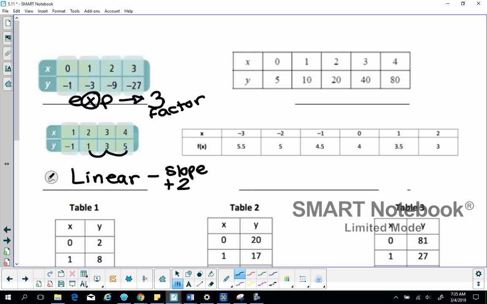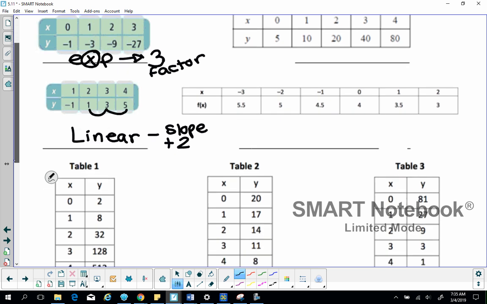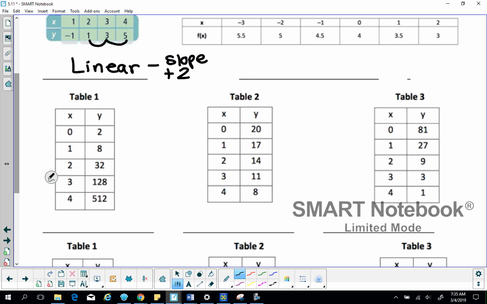So I want you to go through and figure out, okay, is it exponential or linear? So first just write exponential or linear. And so you could see, okay, 2 to 8, I would have to add 6, right? What's 8 plus 6? 14. Is that 32? Nope, so I know it couldn't be linear.